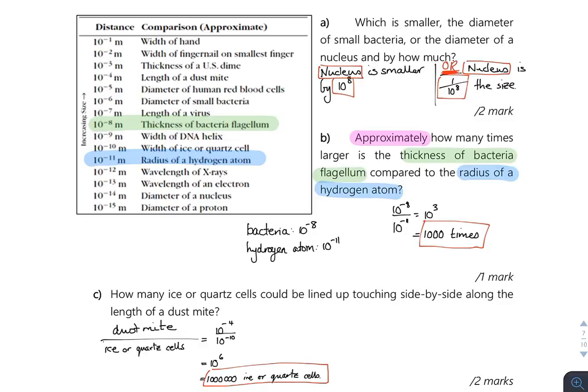Because I want to know how many times larger, this is a division. So we take our bacteria and we divide it by the hydrogen atom. So 10 to the negative 8 divided by 10 to the negative 11. And this gives me a result of 10 to the power of 3. Because we want an approximate, let's just expand that out. So we get 1,000 times larger.